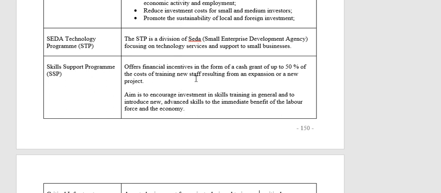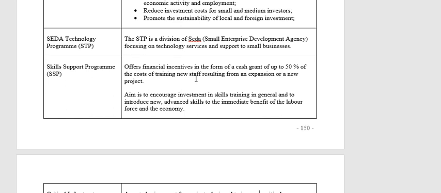Then we get the SSP, or the Skills Support Program. This is a financial incentive that takes the form of a cash grant of up to a maximum of 50% of the cost of training new staff resulting from an expansion or a new project. If you are an existing business that wishes to expand, build another factory, obviously you are going to need to hire more staff, or if you are launching a new project that you need extra staff for.